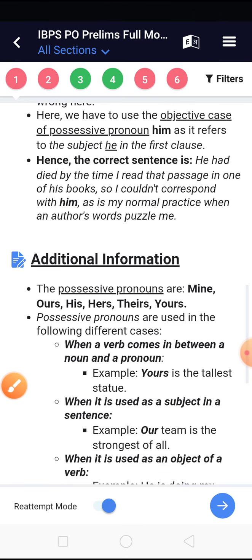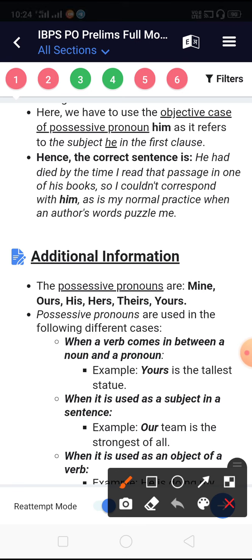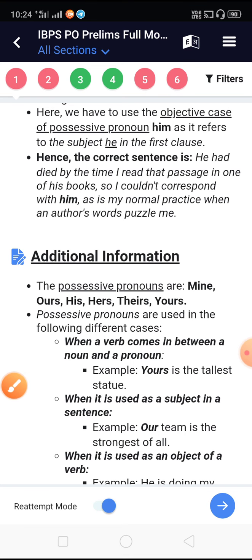तो गलती तो कहाँ. Possessive pronouns mine, our, his, her, their are used in different cases: when the verb comes in between a noun and pronoun. Example: yours is the tallest statue. When it is used as a subject in a sentence.